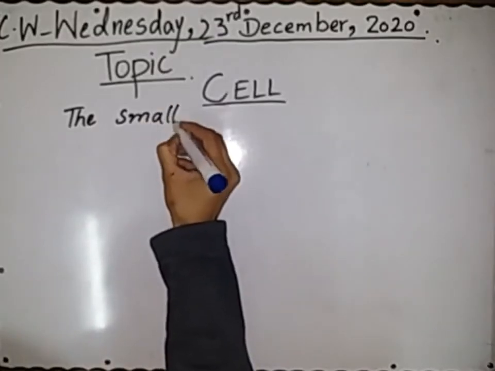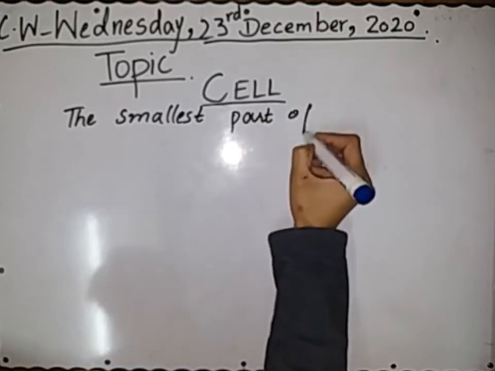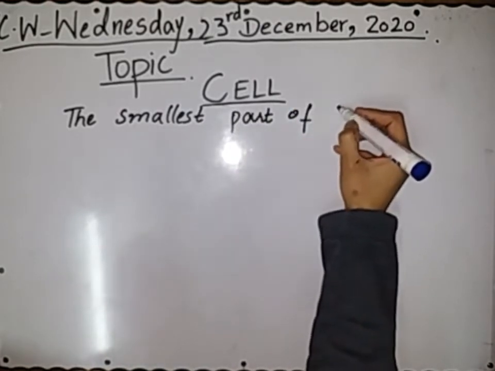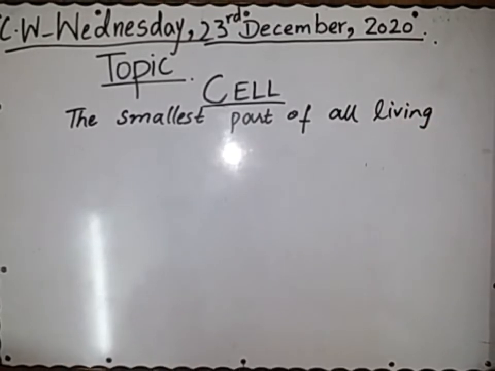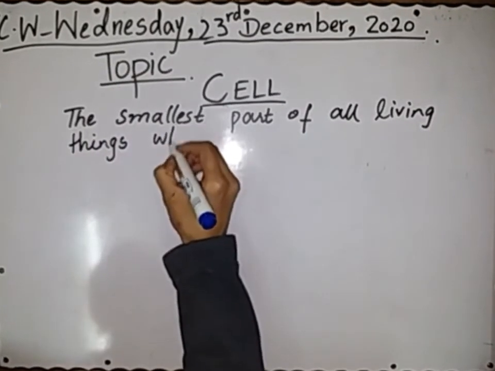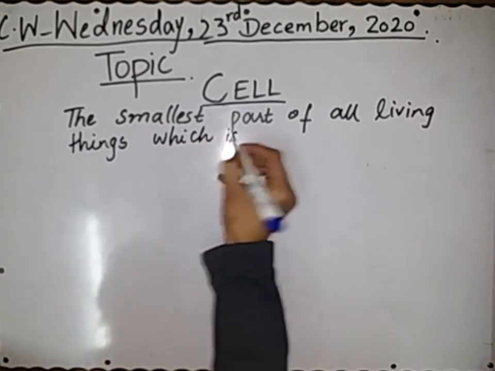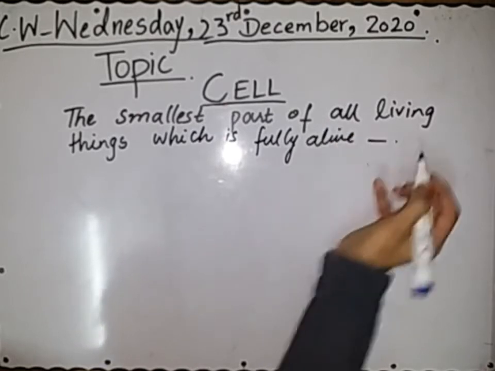Students, now let me explain the definition of the cell. What is cell? The definition of cell is the smallest part of all living things which is fully alive is called cell.